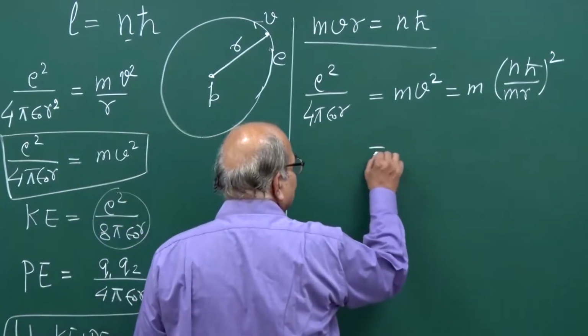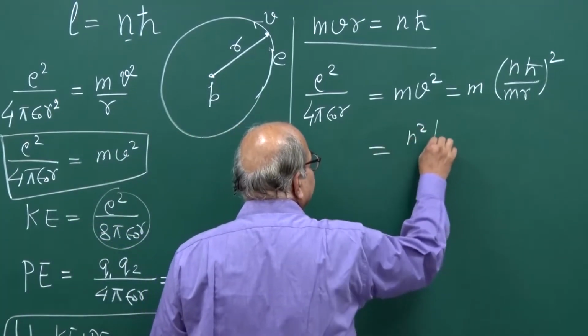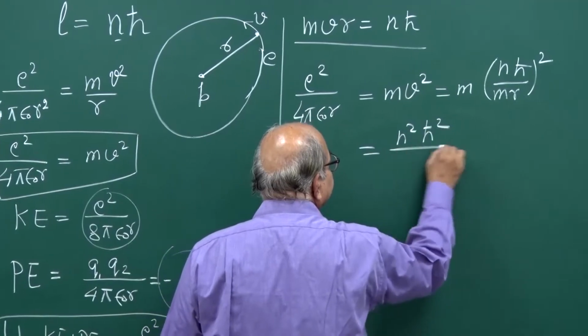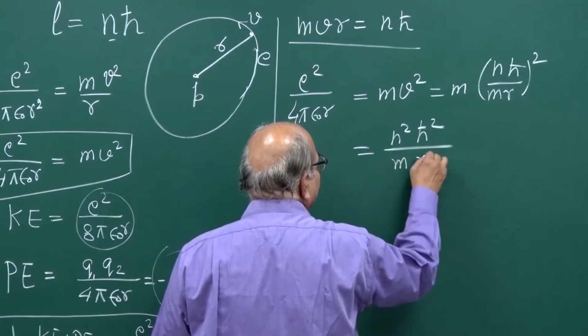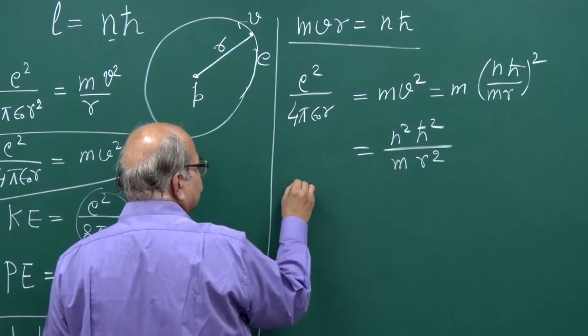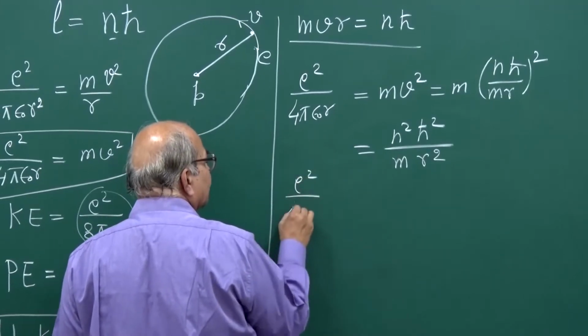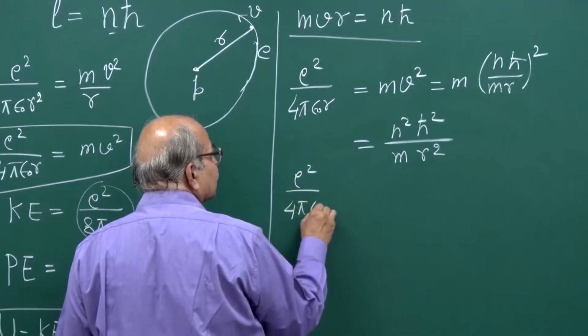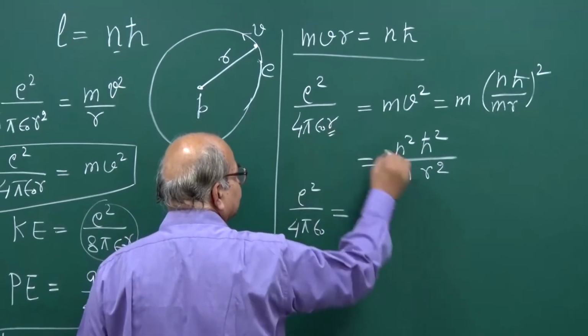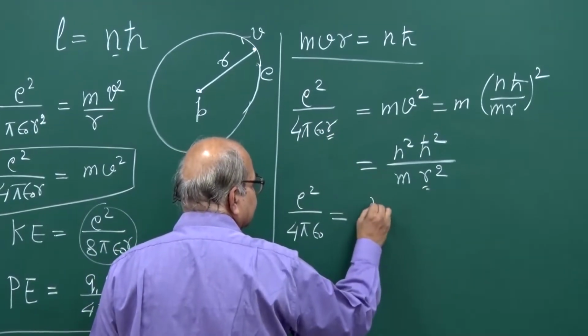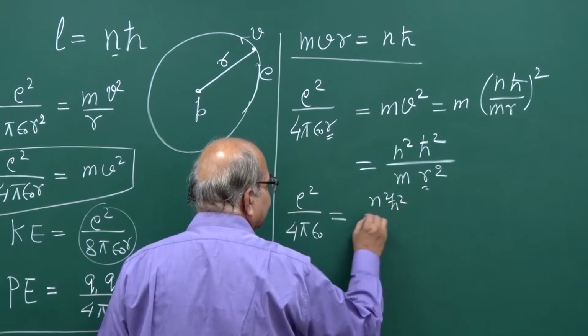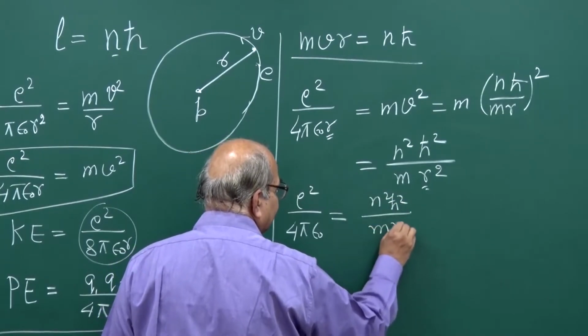So this is equal to n square h cross square divided by m r square, and therefore e square over 4 pi epsilon naught is equal to n square h cross square divided by m r.